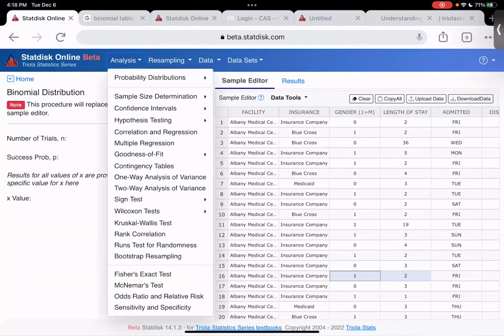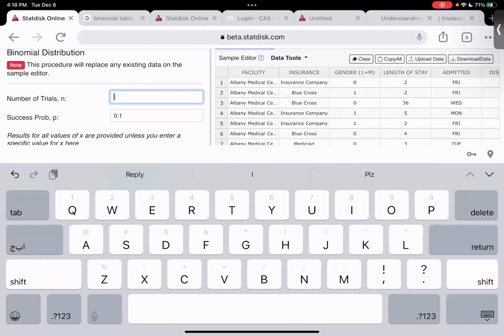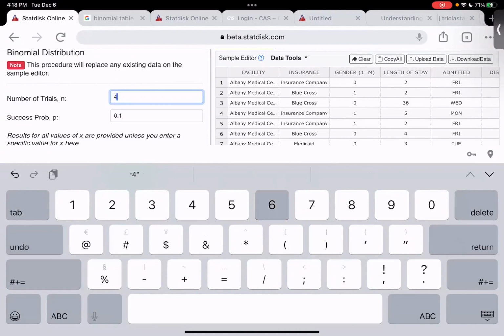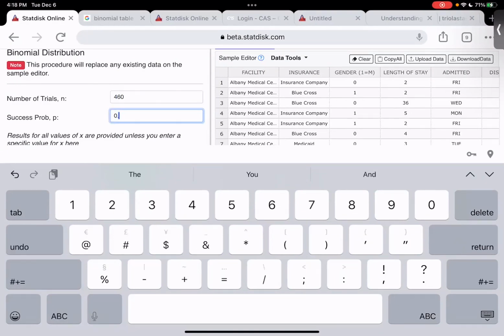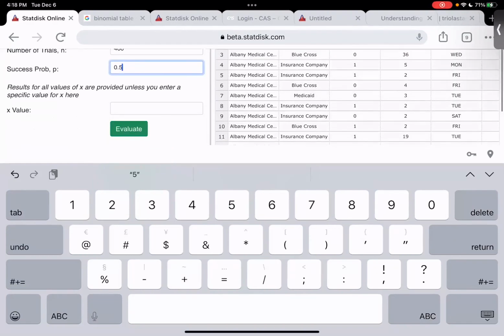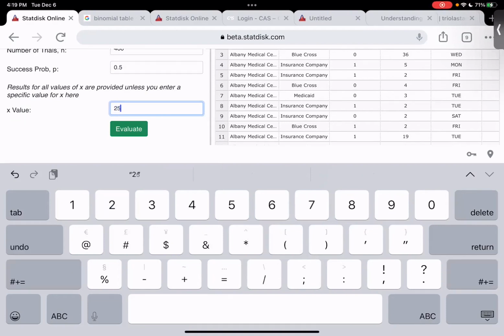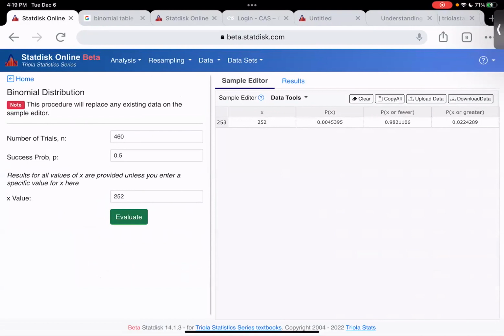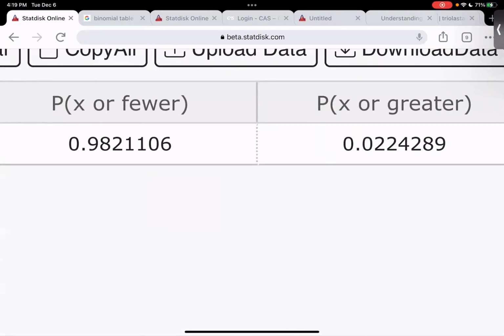So analysis, probability distribution, binomial. How many times do we repeat this experiment? 460, right? The probability of success, 0.5. And then the value of x equal to what? 252, evaluate. And then we want this probability, which is x or greater.